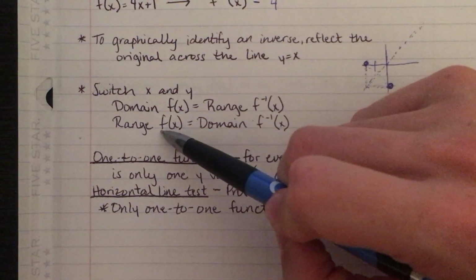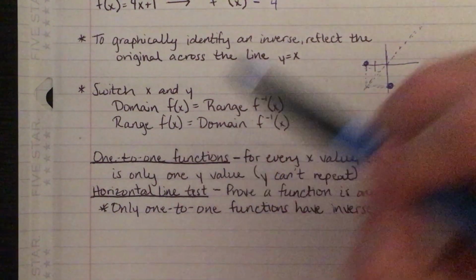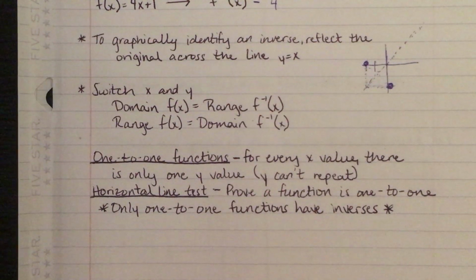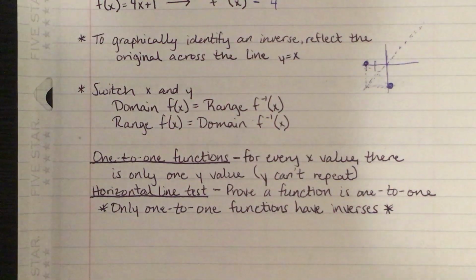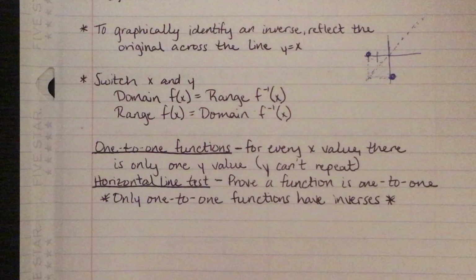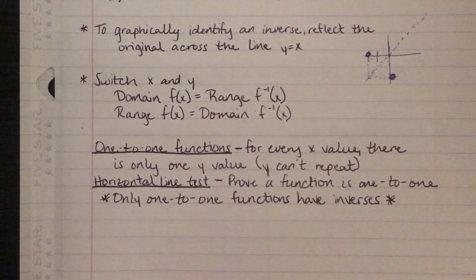And the same thing for the range: the range of f of x is going to be equal to the domain of the inverse. Because when you find an inverse, you switch the x and y values. So when the domain switches to a y value, it just becomes the range.